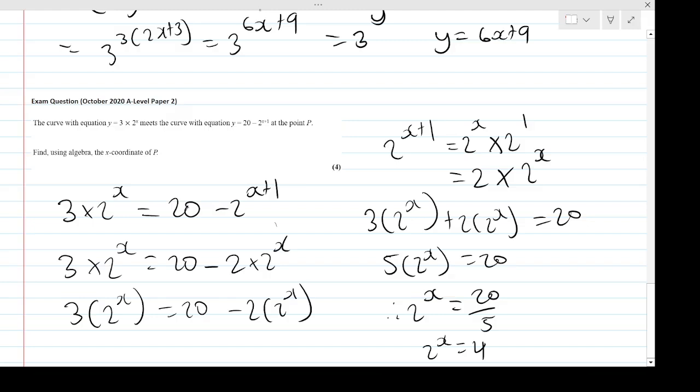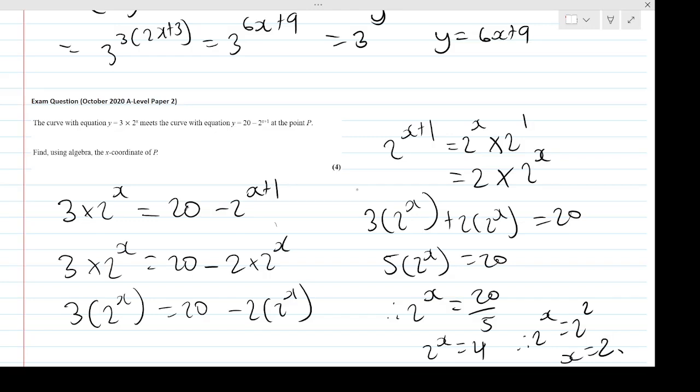What 2 to the something equals 4? Well, we know that 4 is 2 squared, right? So this is saying 2 to the x is 2 squared. So therefore, just compare the indices. We then get the solution: x is 2. And there we are.